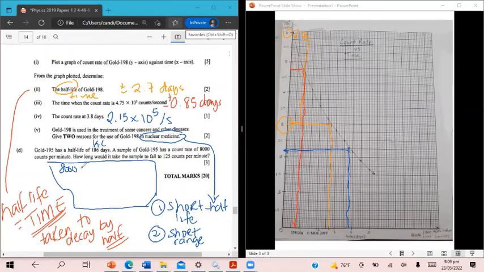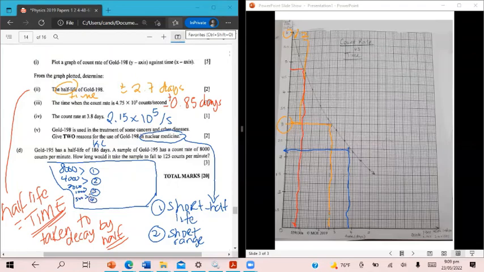So let's do that. 8,000 divided by 2 is 4,000. That's one half-life. 4,000 divided by 2 takes us to 2,000. That's two half-lives. 2,000 divided by 2 takes us to 1,000. That's three half-lives so far. 1,000 divided by 2 takes us to 500.